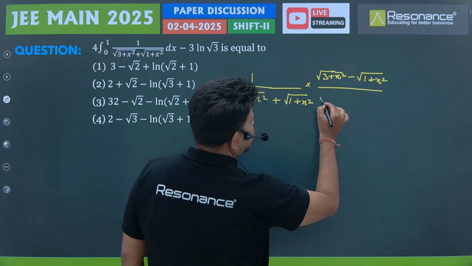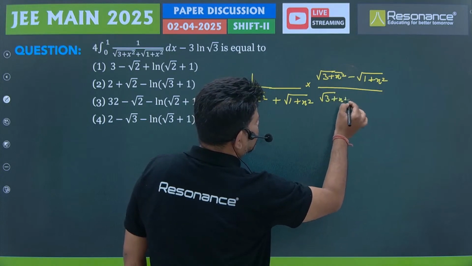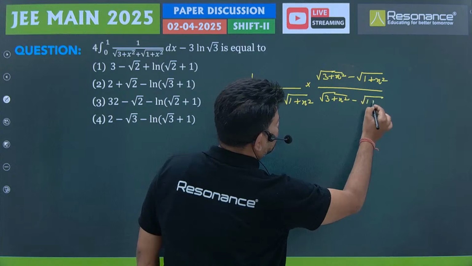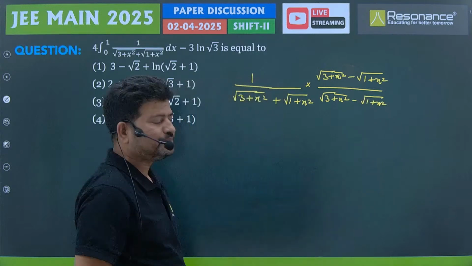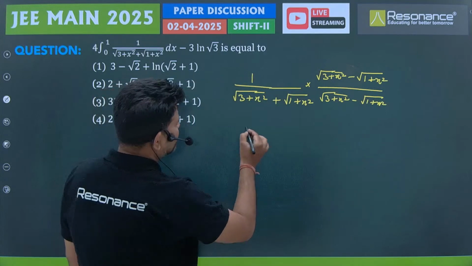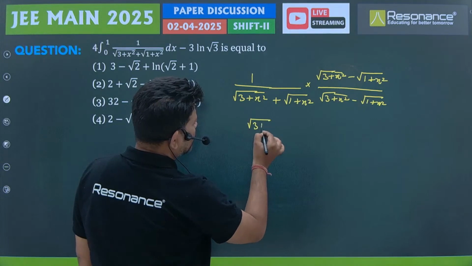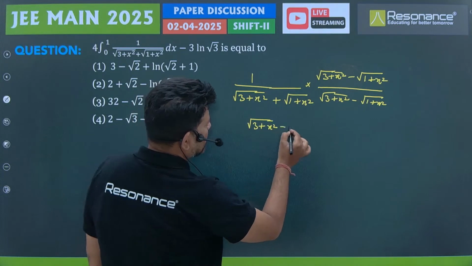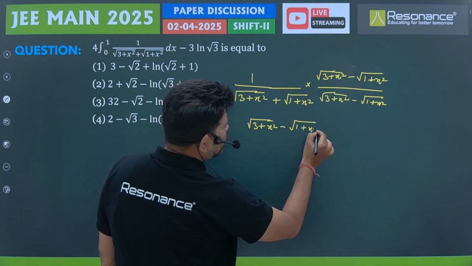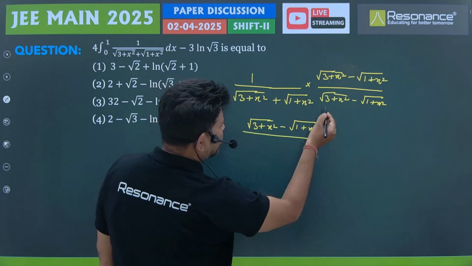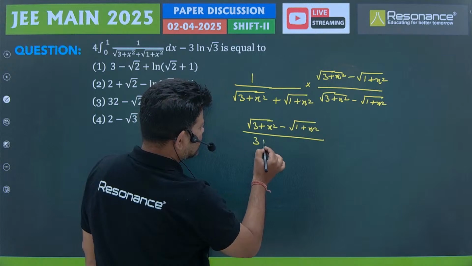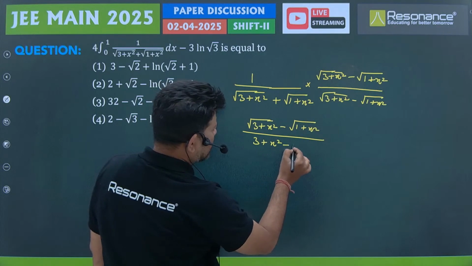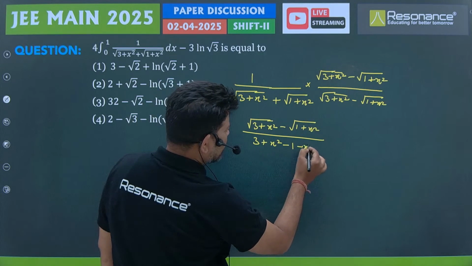So the numerator is under root of 3 plus x square minus under root of 1 plus x square, divided by 3 plus x square minus 1 minus x square.